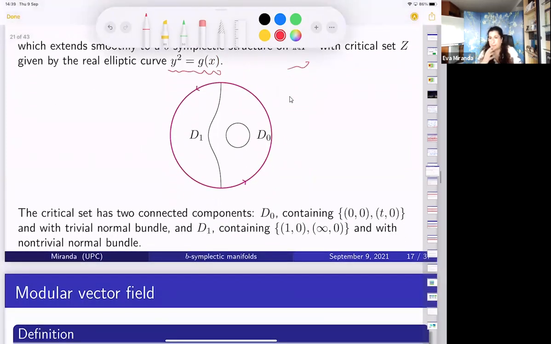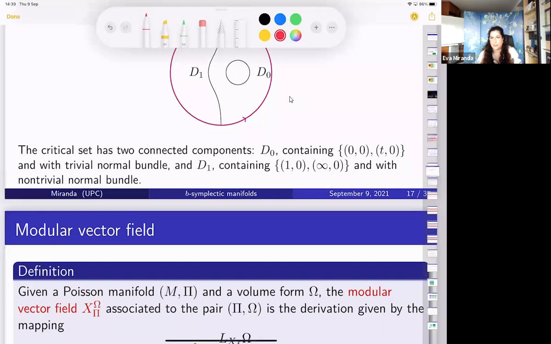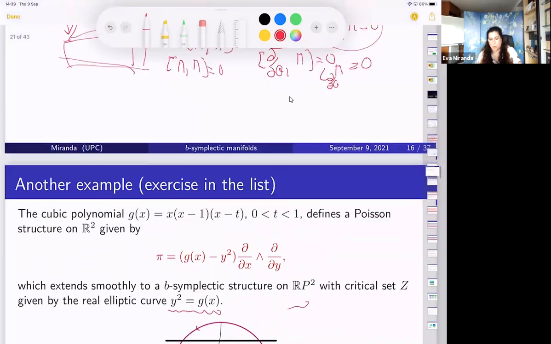Okay, now I am over time. Of course, I had decided, I don't know, yesterday night, it was a good idea to prove what is the structure on Z. And the truth is that the structure on Z is not any codimension one foliation.